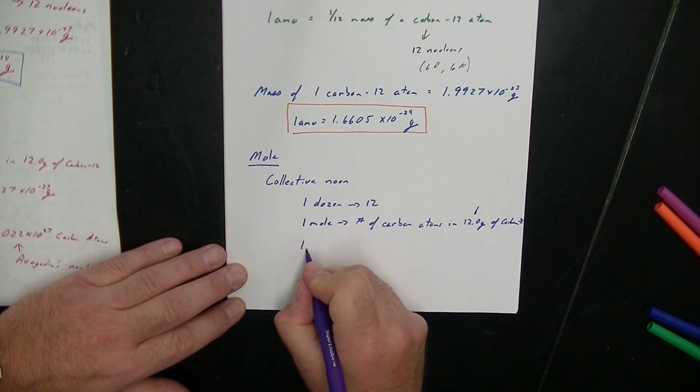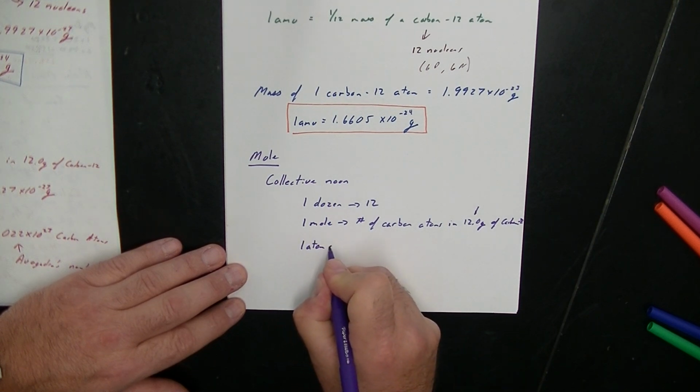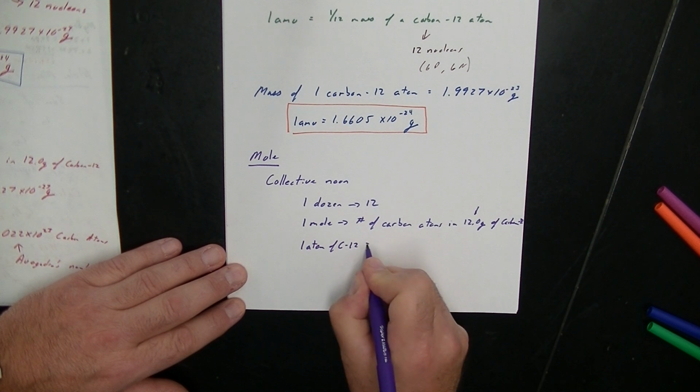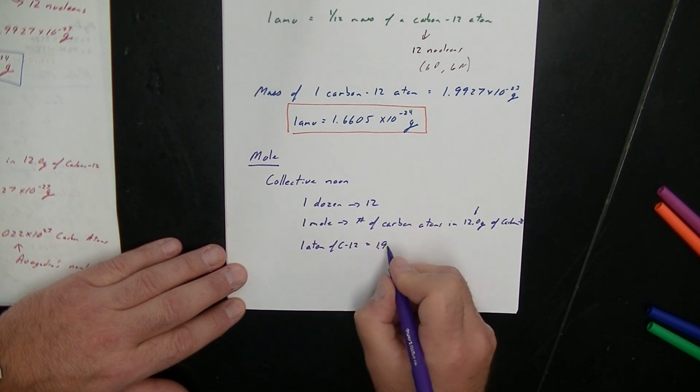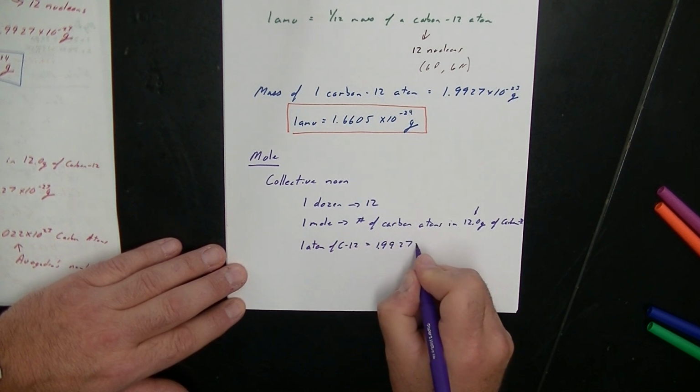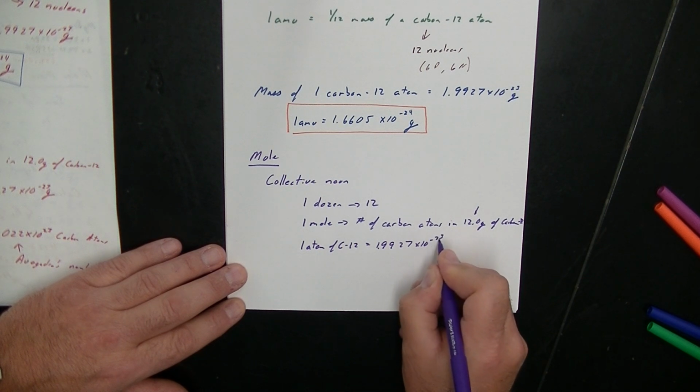Now we know that 1 atom of carbon 12 has a mass of 1.9927 times 10 to the negative 23rd grams.